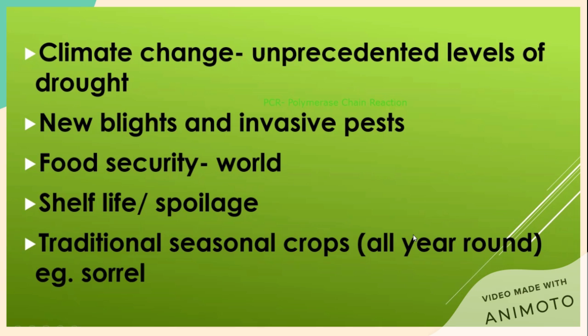We talk about the new blights and invasive pests that may come up on those traditional crops. So you can see where genetic engineering now allows us as scientists to manipulate the genetic information to make these crops more resistant to certain pests and certain diseases that may come upon them within the growth medium.